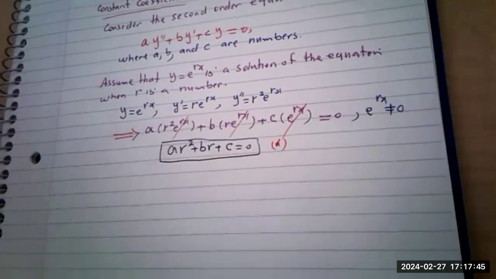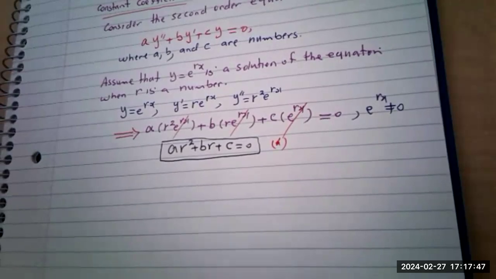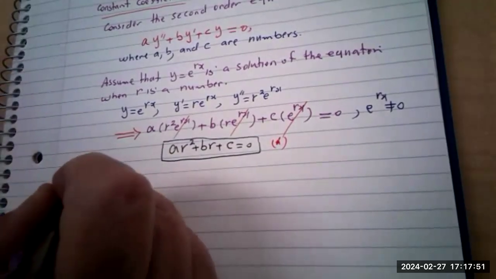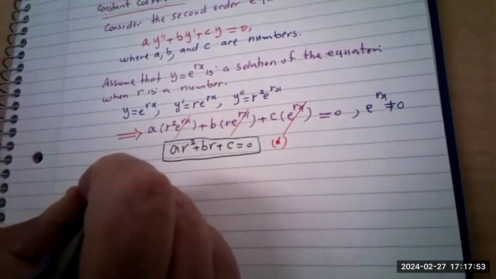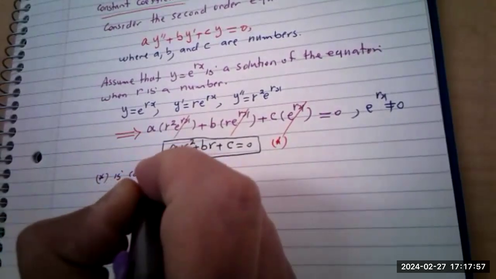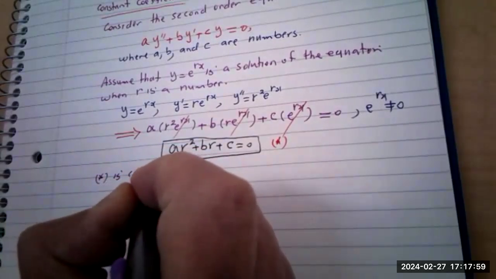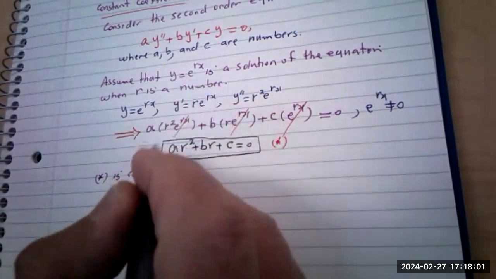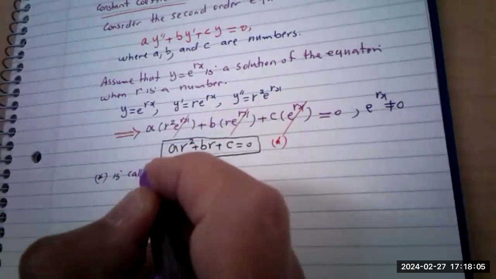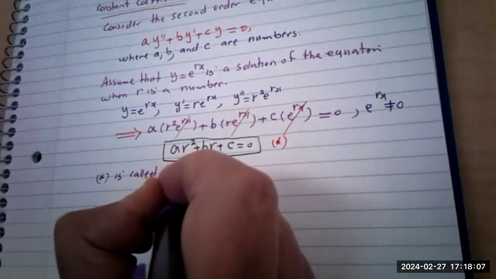We have a couple of expressions to explain. This star equation we call the characteristic equation, the same expression we use in linear algebra. We are going to use it again when we get to systems of equations at the end of the course.